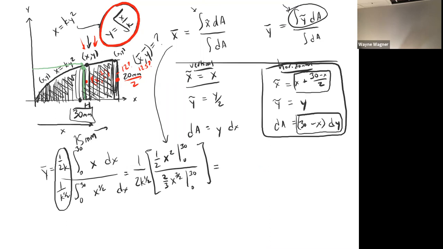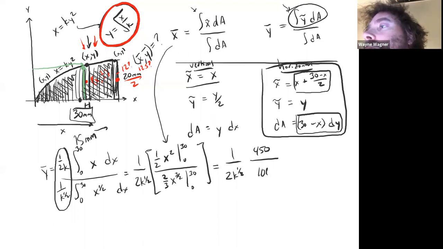So this is going to be 1 over 2k to the 1/2 power. I don't know why I can't draw little 2's with this. I'll just plug these in. This top becomes 450, because that's 900 divided by 2. This bottom I can't do in my head, so let's do 30 to the 1.5 times 2 divided by 3, which equals 109.54.